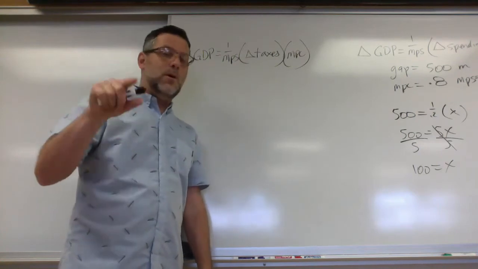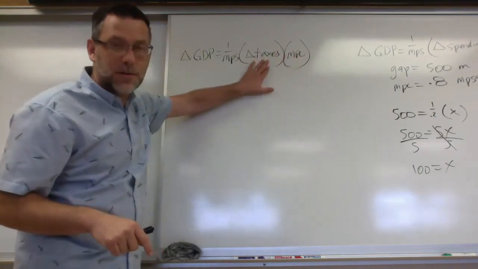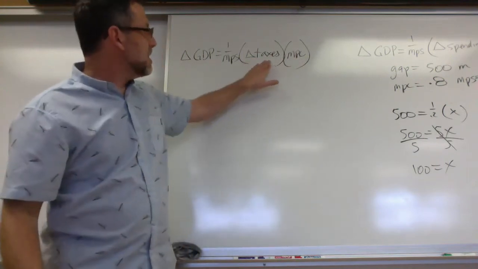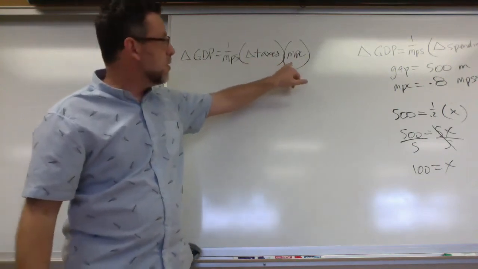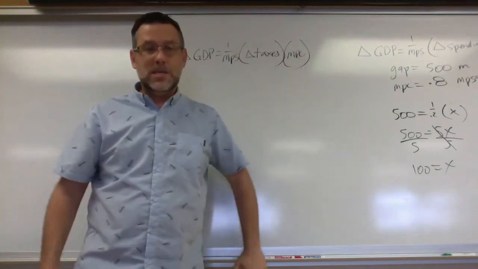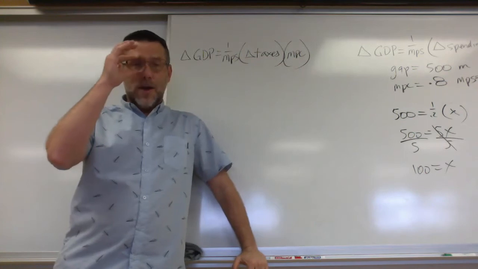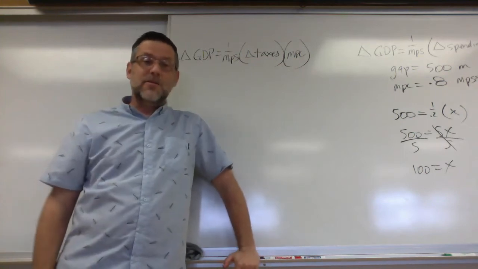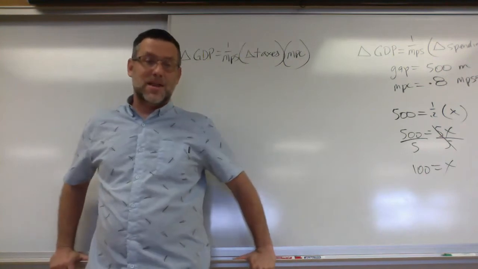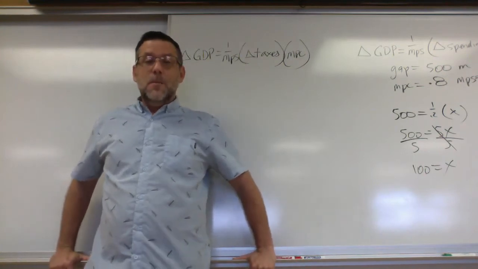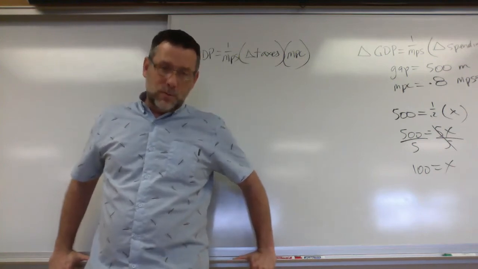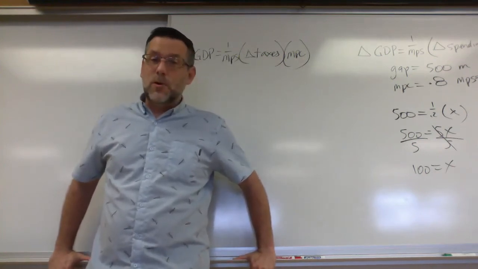So when we have taxes involved, we have to take an extra step. We have to multiply the amount that's the taxes by MPC, the amount that actually would be spent. It's also true when we have a tax increase, that if the government increases our taxes, let's say by $1,000, people are going to pay for that with some money, some of which would have been spent, some of it would have been saved.